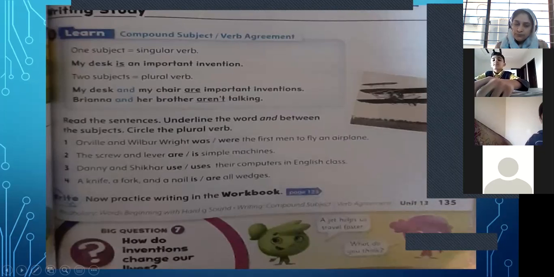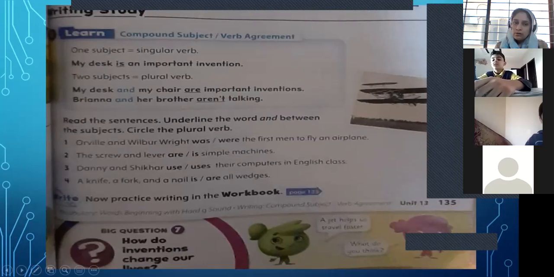Desk is one subject, so you use the word is with the desk. You didn't say my desk are an important invention. So we usually use one subject with singular verb.